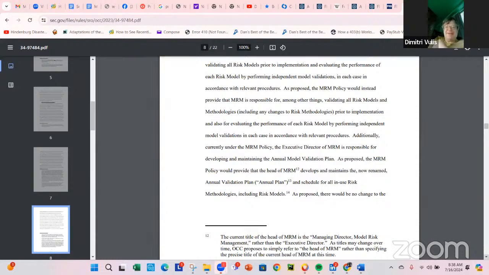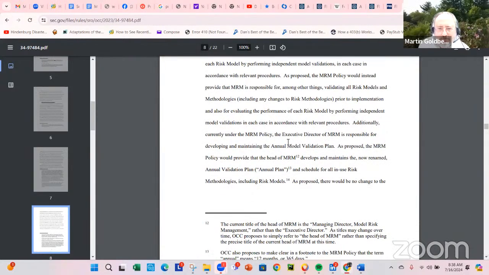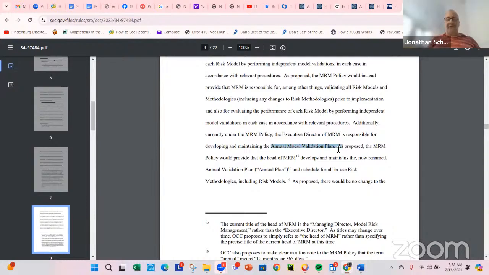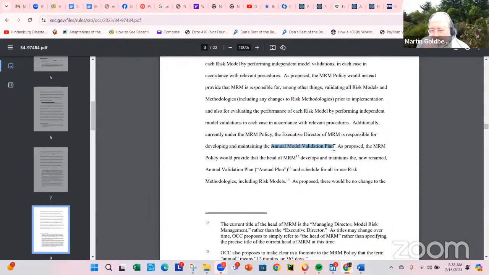You don't get to see it, but you find out what's in it by what examiners ask. Examiners will ask you a question like, why was this model not looked at by model validation for 2.5 years? And that tells you their standard is that it has to be less than 2.5 years.